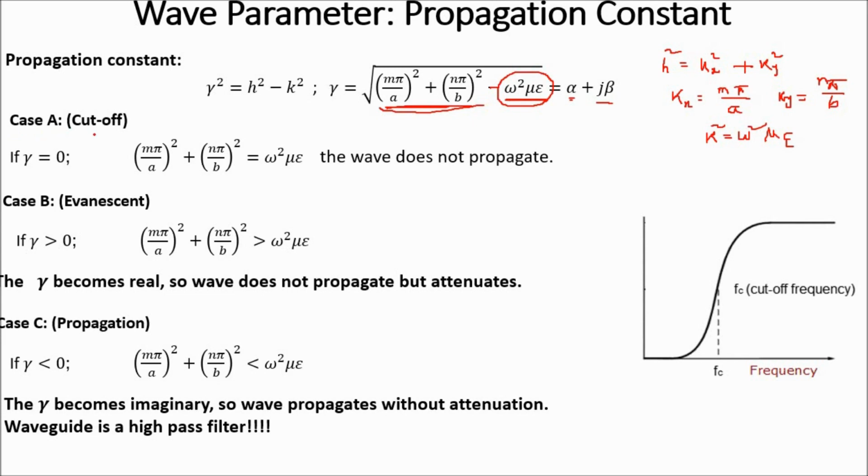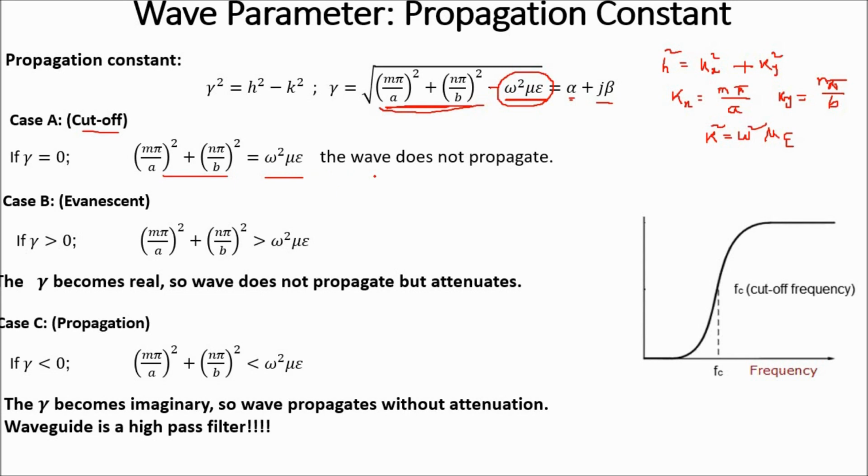Case A is the cutoff situation. That means if omega has a value such that omega square mu epsilon is equal to (m pi over a) square plus (n pi over b) square, then the entire expression will be 0. So you will get gamma equal to 0, and both alpha and beta will be 0 at this time.